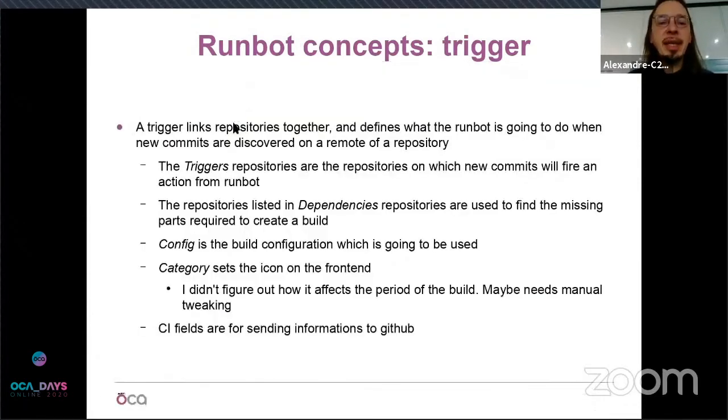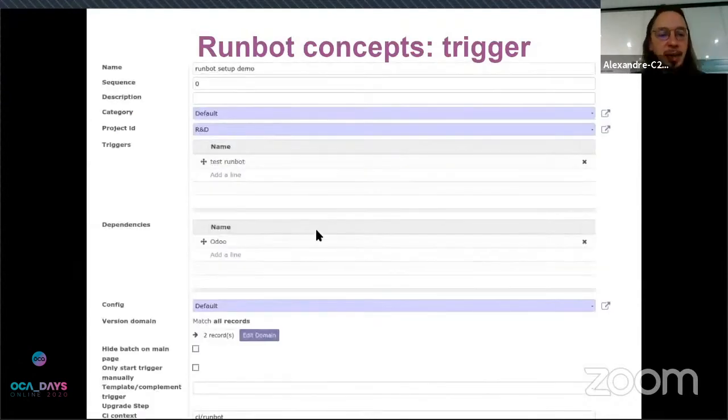As far as I can tell, these only set an icon on the front end, and it doesn't actually change the period of the build. So I think that on Runbot, there are different mechanisms which are used and which are not enabled by default, or that you need to tweak. And at the bottom of the screen, there are some CI fields, and these are used for reporting the build results on GitHub.